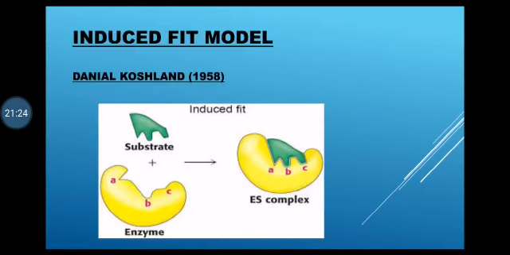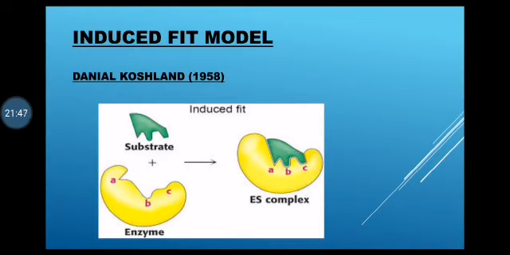Now the second model, induced fit model. This model was given by an American biologist, Daniel Koshland, who suggested a modification to the lock and key model, and he proposed the induced fit model.